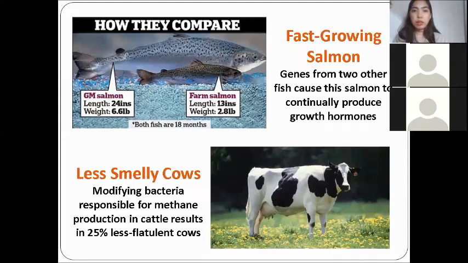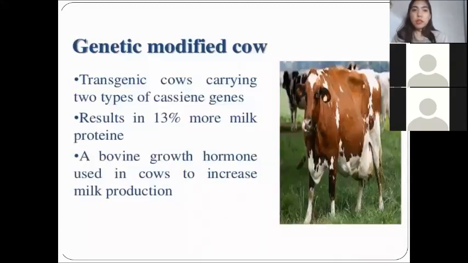The next one is another genetically modified cow. Transgenic cows carrying two types of casein genes result in 13% more milk protein, and a bovine growth hormone is used in cows to increase milk production. For example, in one day, the normal cow can produce only 100 ml of milk, and the genetically modified cow can produce 1,000 ml of milk.